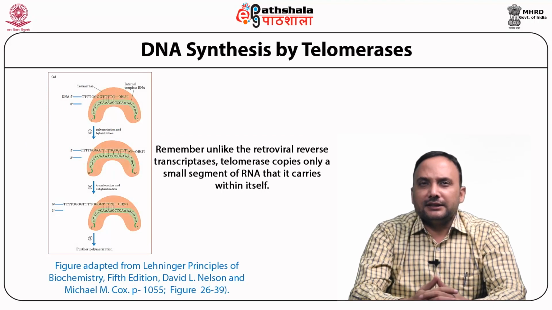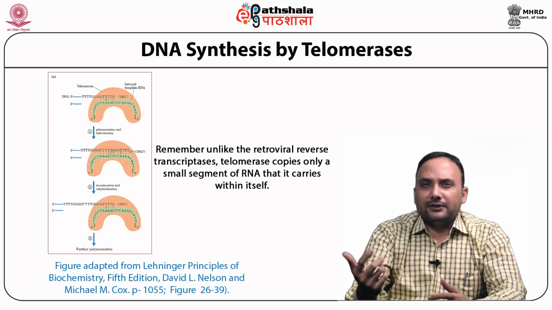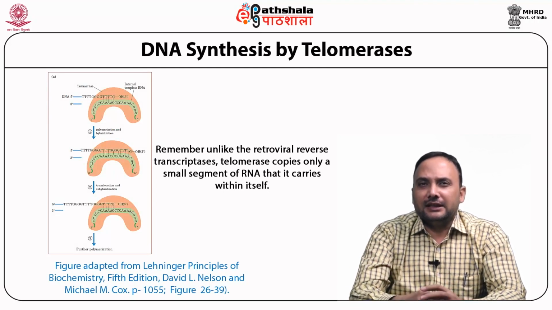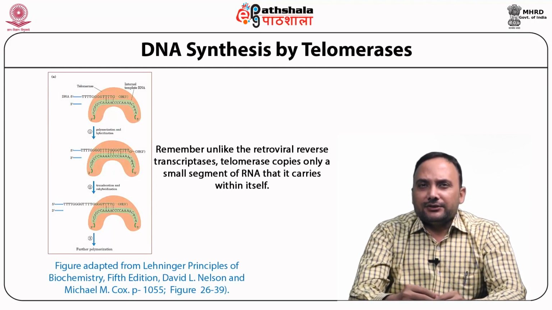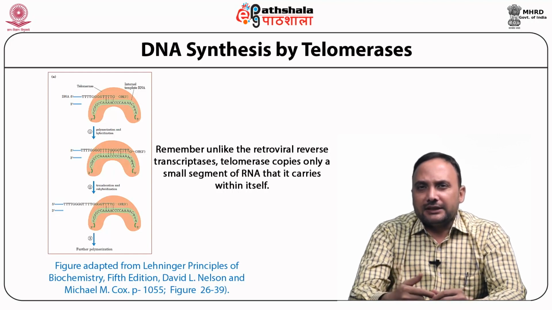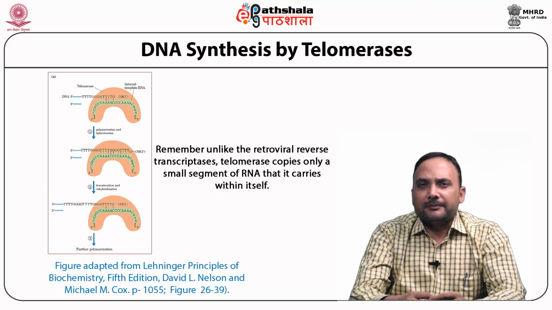Dear students, in this figure on your right hand side is a visual depiction of DNA synthesis by telomerases at the terminus of a linear DNA molecule in eukaryotes. The telomerase uses an internal RNA template that is shown in green background in the figure as a template to synthesize or add complementary sequences in 5' to 3' direction to the existing DNA end as indicated in step 1 of the figure.